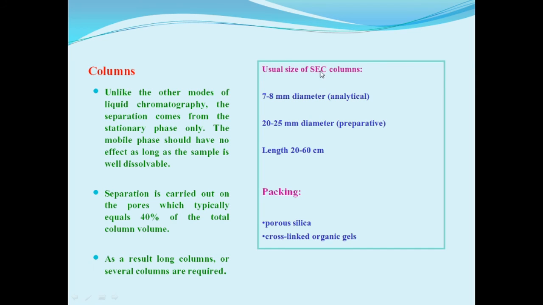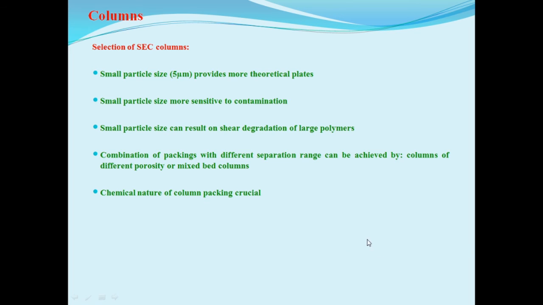Here, usual size of size exclusion chromatography column: 7 to 8 mm diameter analytical column and 20 to 25 mm diameter preparative column. Length 20 to 60 cm. Column packing: porous silica, cross-linked organic gels.